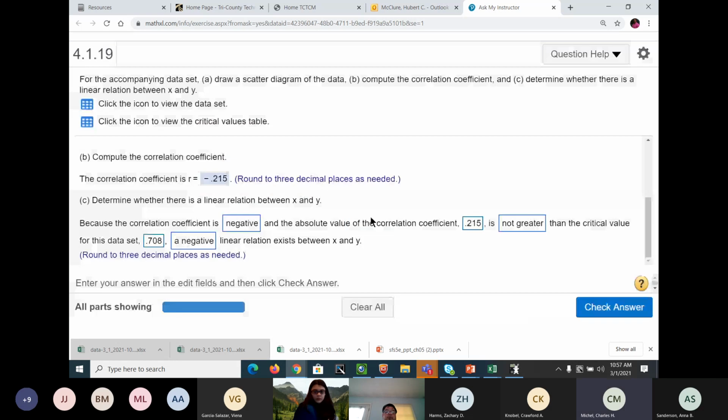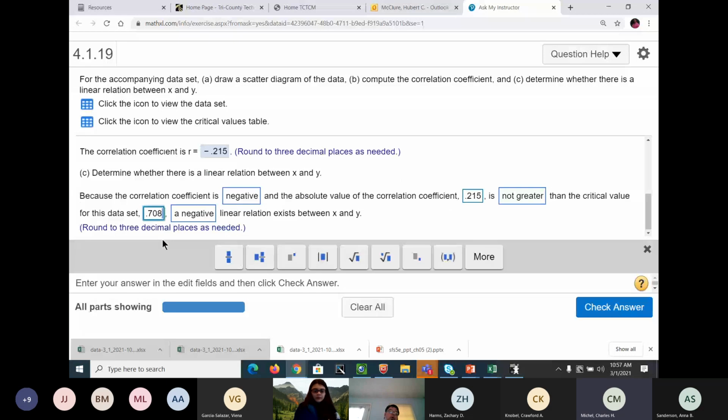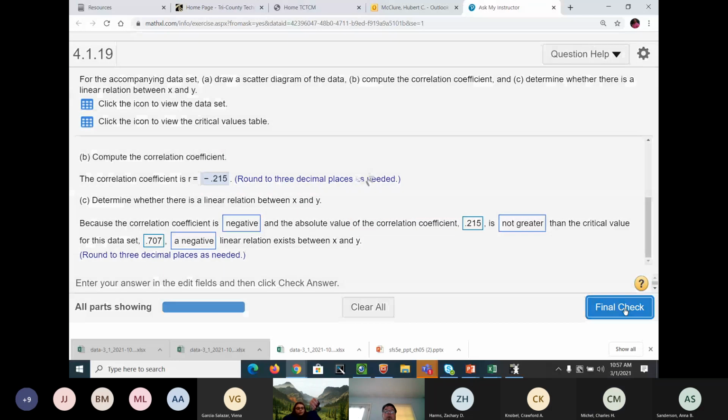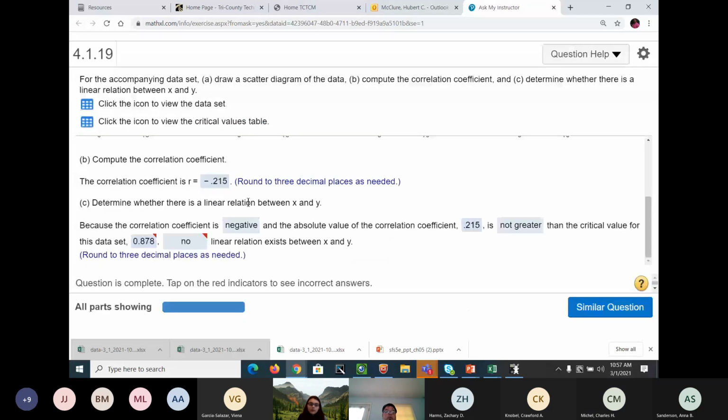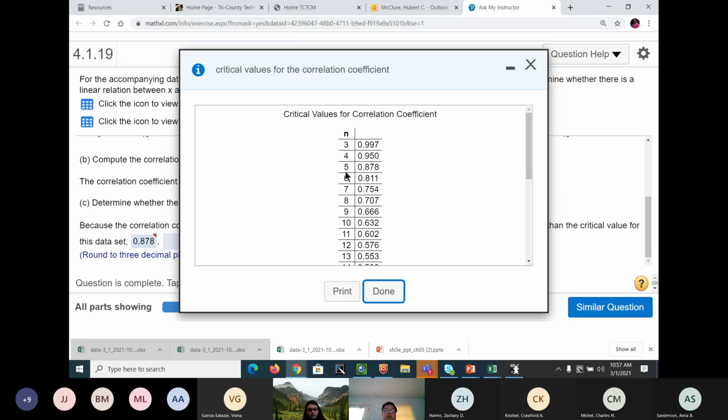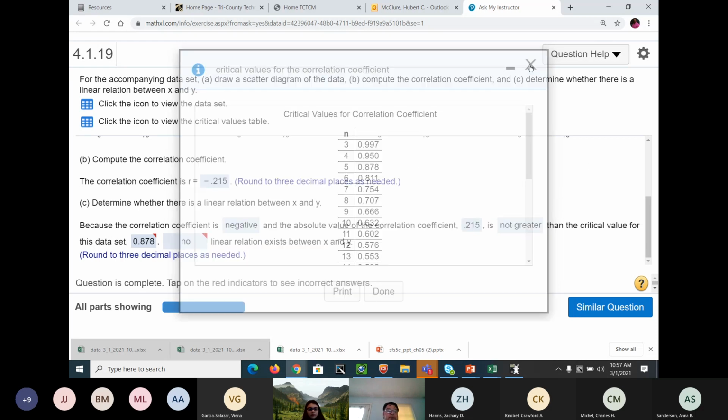I think it was 0.707. Oh, my bad. Let's see what I got wrong. What did I get wrong? Oh, I didn't punch the... wait a minute. Oh, there it is. We got the wrong one altogether. I said 0.707. It was 0.878. I'm sorry. That's a problem going back and forth between screens.